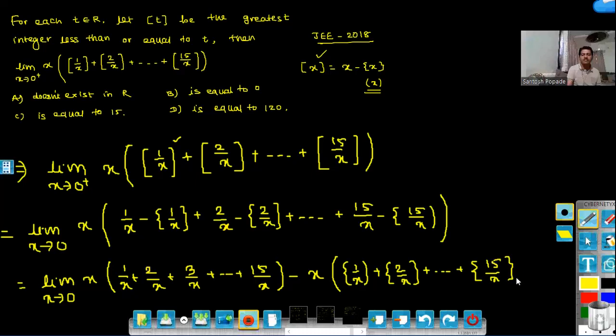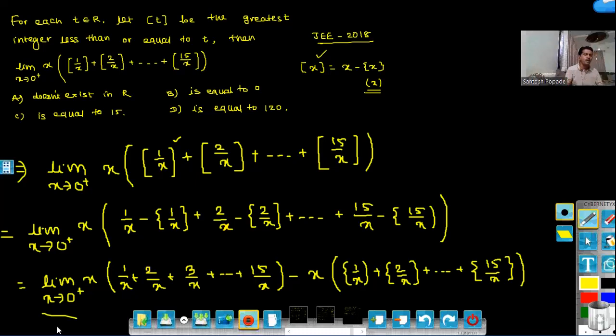Now from the first bracket you can take 1 by x outside, or you can multiply x into that bracket, so that the x in multiplication and the x in the denominator will get cancelled in the first bracket.